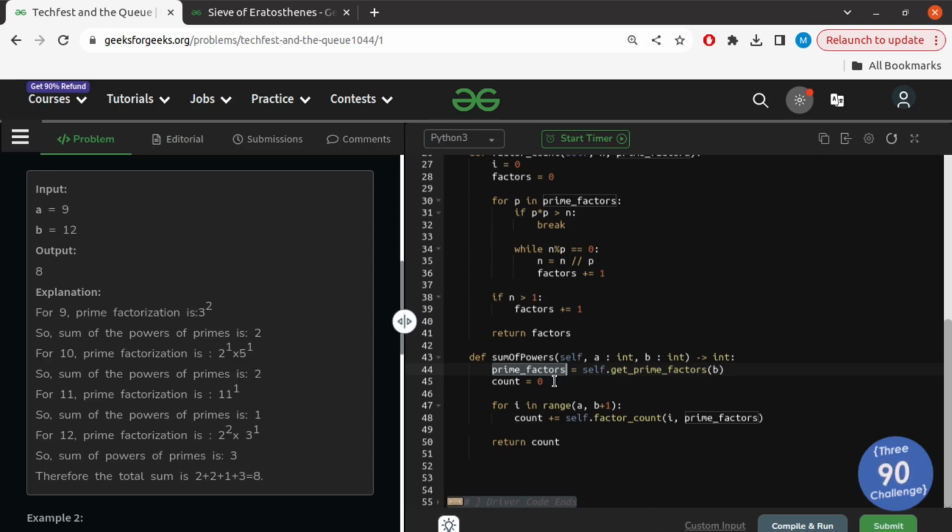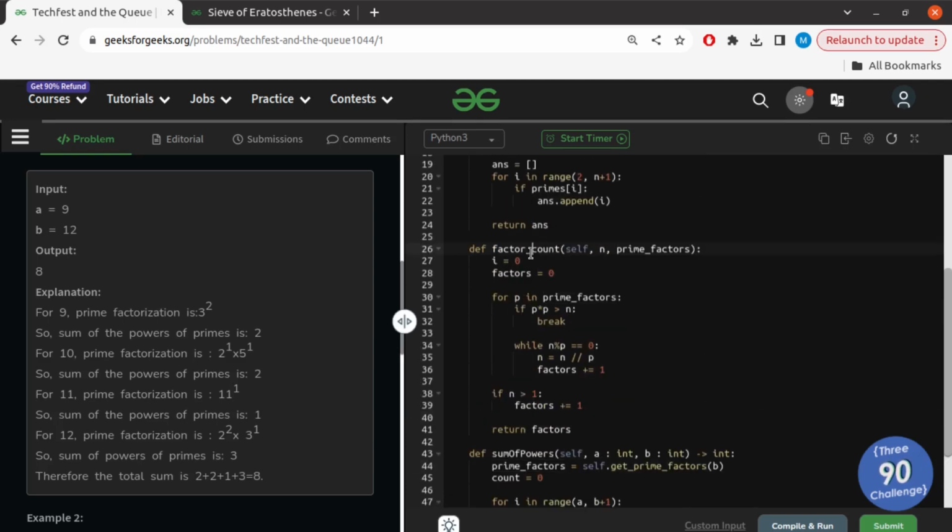Now we want to compute the total number of factors, or the cumulative number of factors, for the range A to B. So this is the range, and for each i, how many primes are able to divide i is something we are going to check in this function, and this is how we do it.